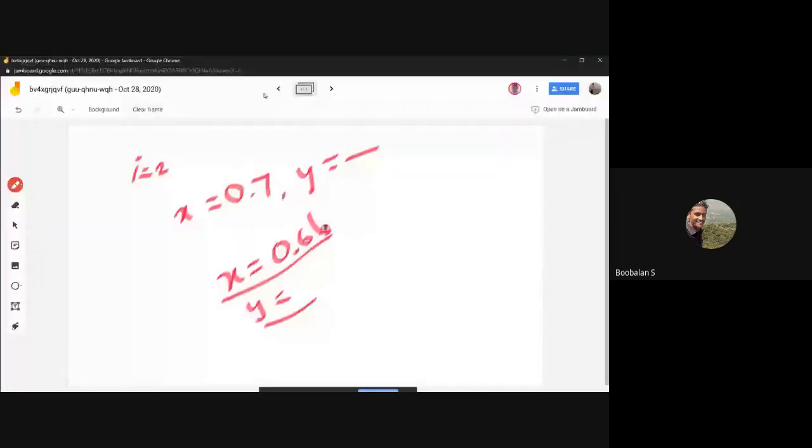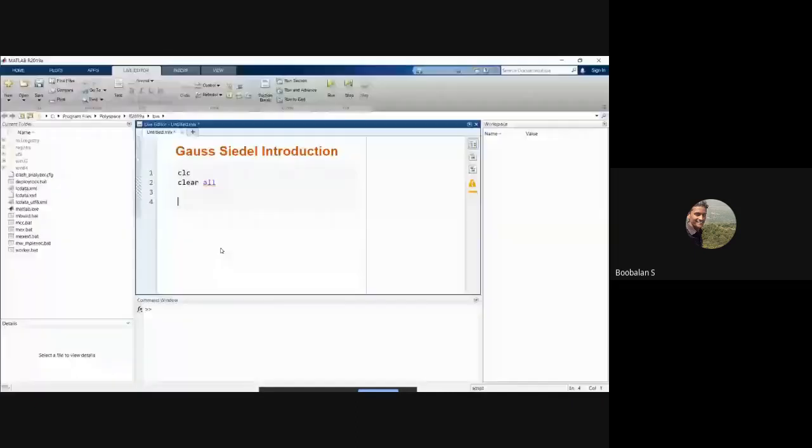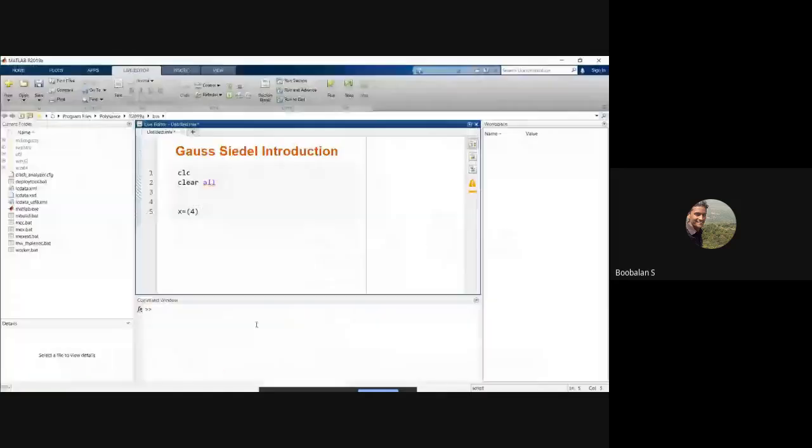Now I'm just going to start my entire equation. Right, so equation, we need to solve this equation. So x equal to 4 plus 3y, 4 plus 3 star y, whole divided by 10.